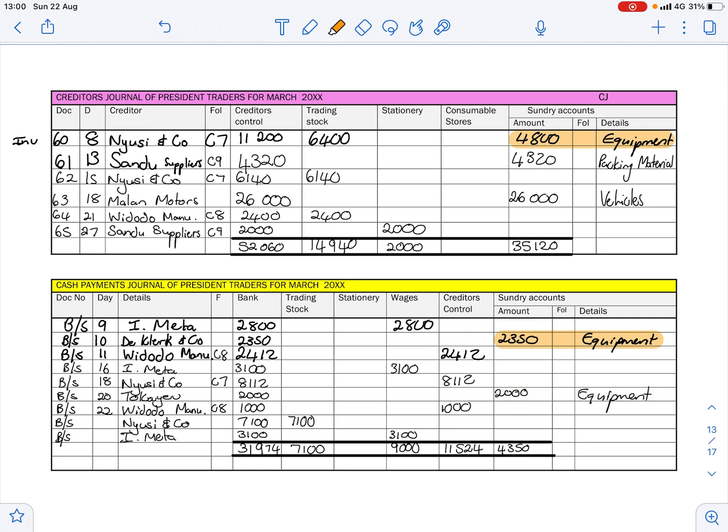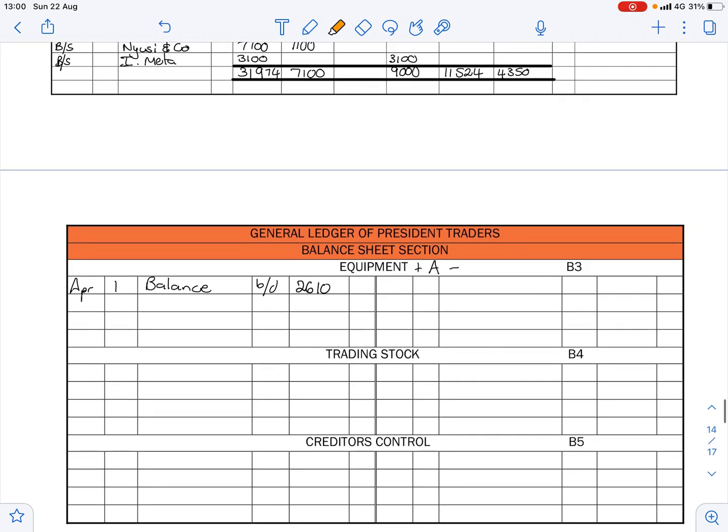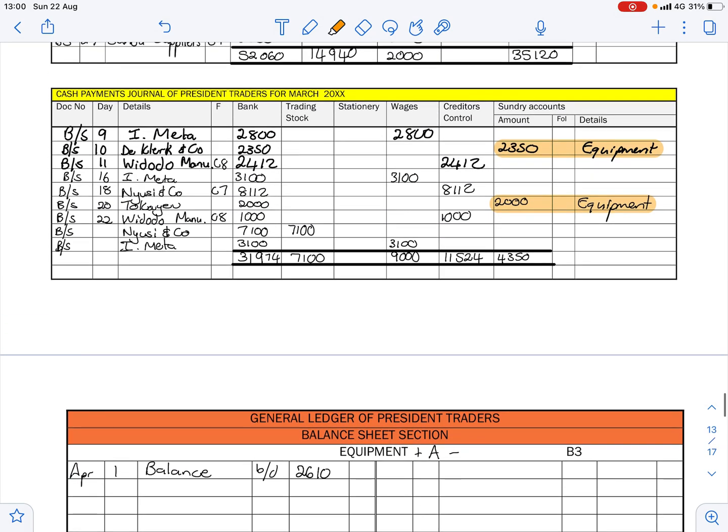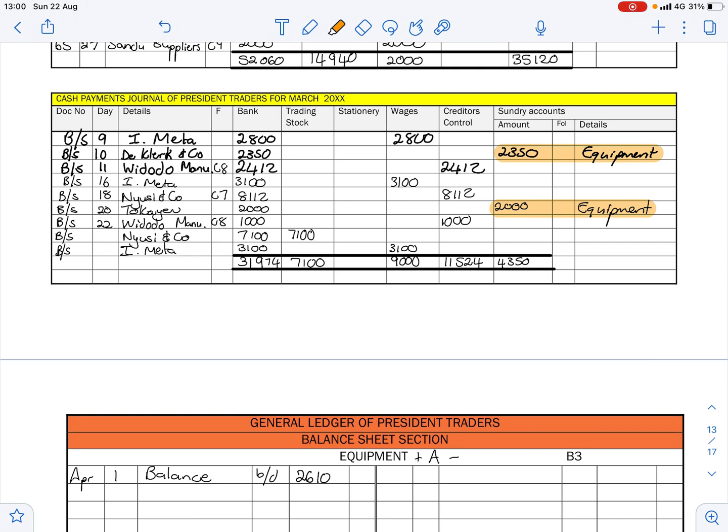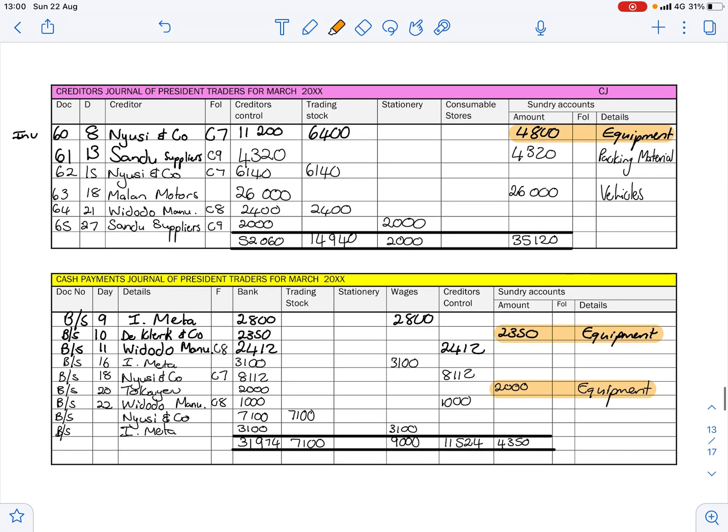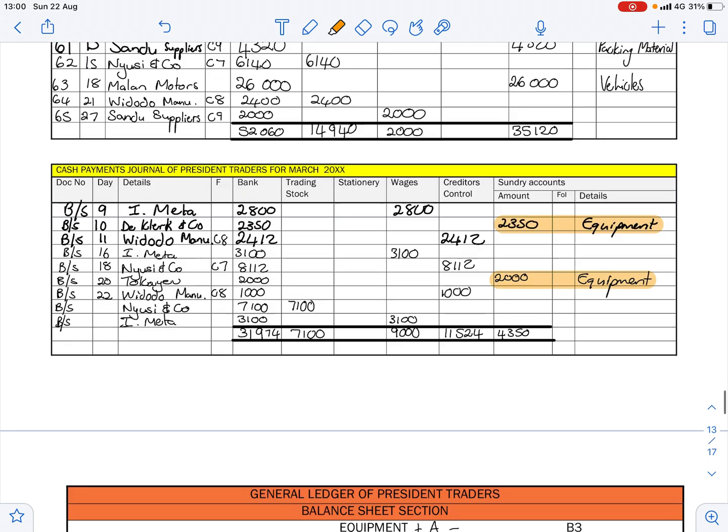Now, you'll see that in both the creditors journal and the cash payments journal, there's no column for equipment. So we put the transactions in individually on each day. We start off with our credit transaction.